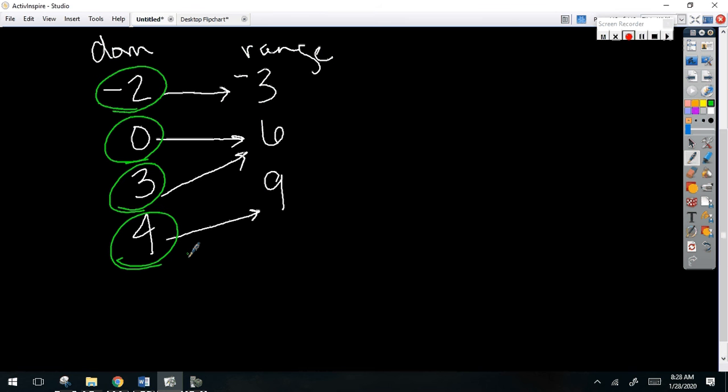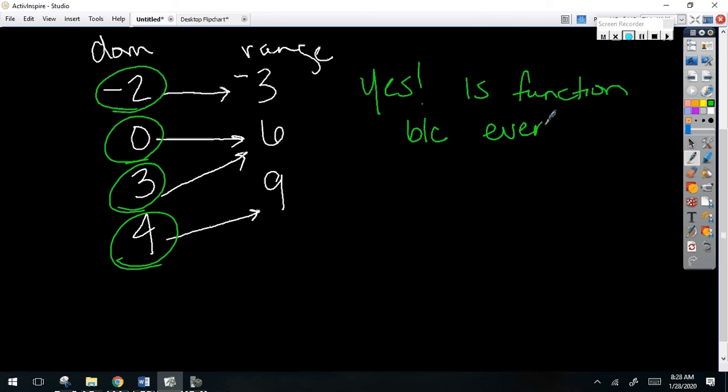They all have exactly one output. Do you see that? So yes, this is a function because every input has one output.